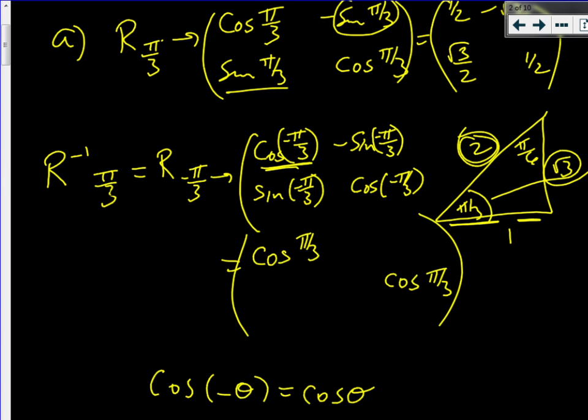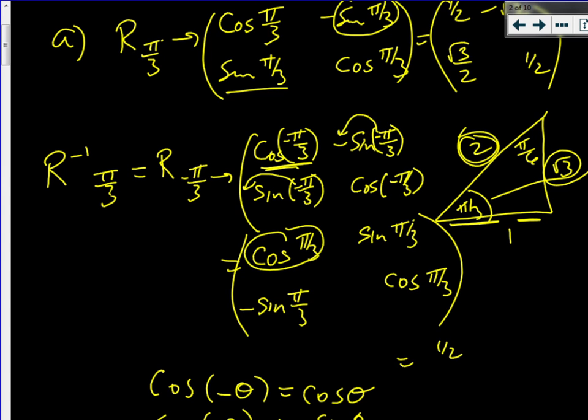Now, the sine of a negative angle is the sine of the angle without the negative, but then the negative comes in front. So it's negative the sine of pi over 3. Coincidentally, there's another negative in front. So we get that. But the cosine of pi over 3 is 1/2.